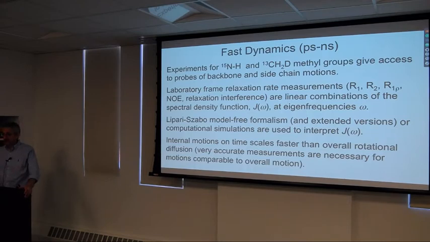So fluctuations that are slower than tumbling are barely going to contribute to the measurements. So even near rotational tumbling, one needs lots of data and very high quality data to characterize internal motions that are similar to tumbling. So mostly one is thinking about motions faster than overall tumbling.